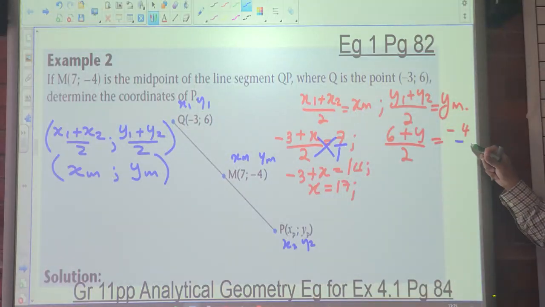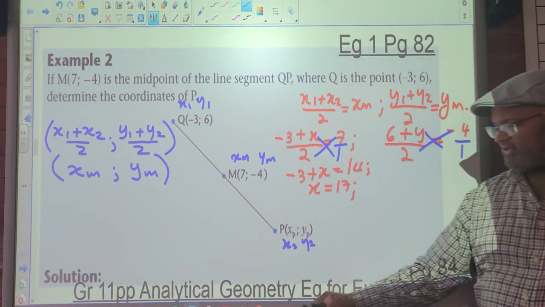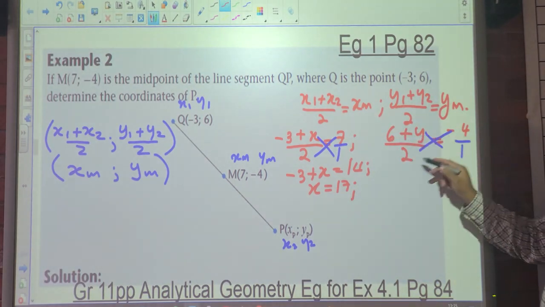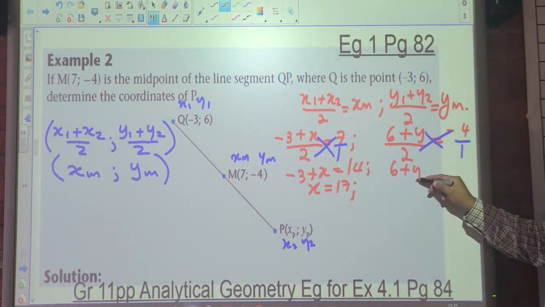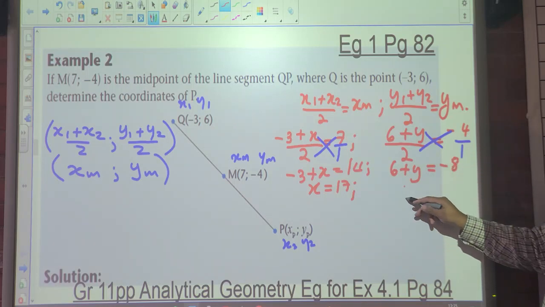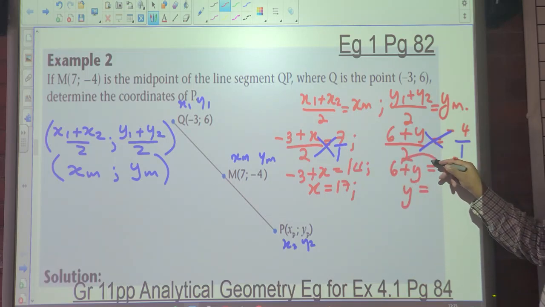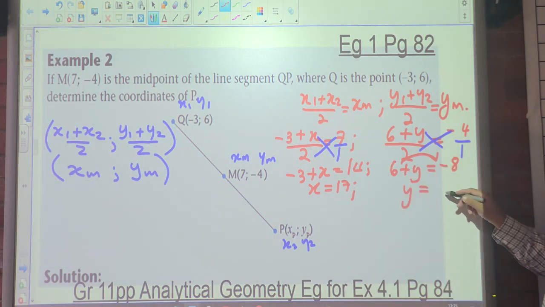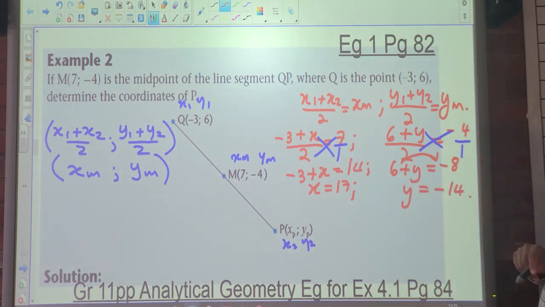Again, I cross multiply. 6 plus y times 1 is 6 plus y. What's 2 times negative 4? Negative 8. So y is equal to, take it over the equal sign, negative 8 minus 6, which is negative 14. Have I answered the question?